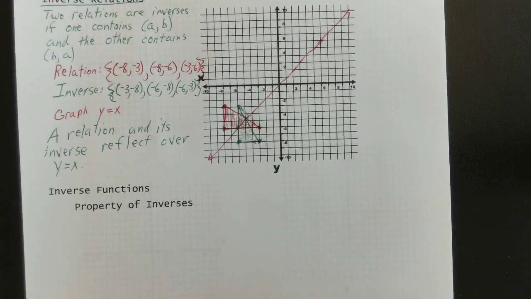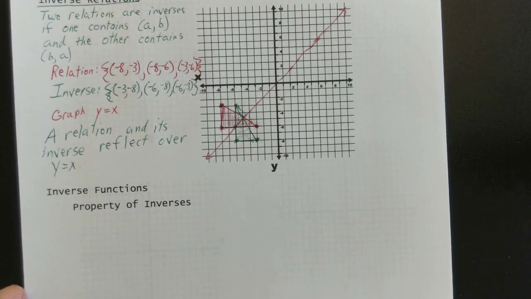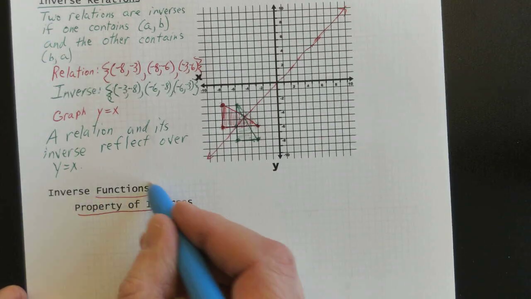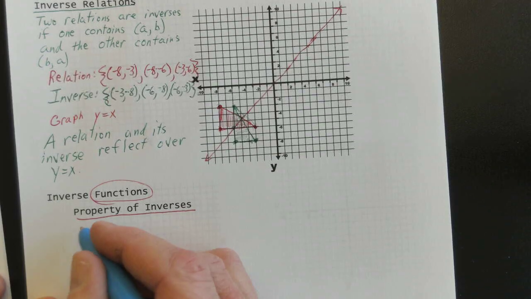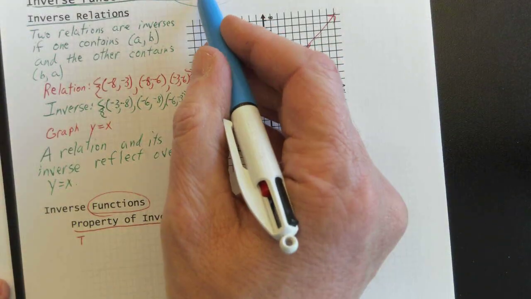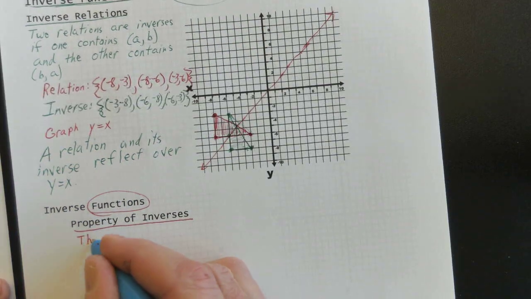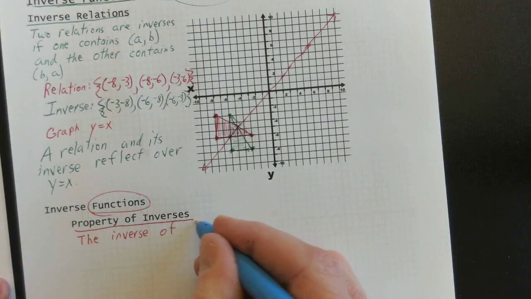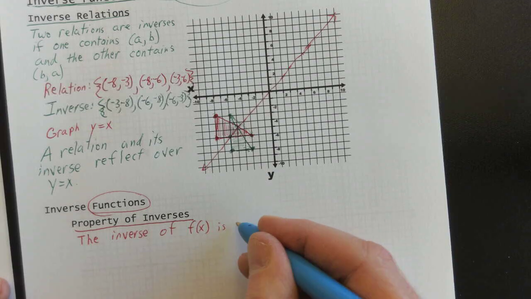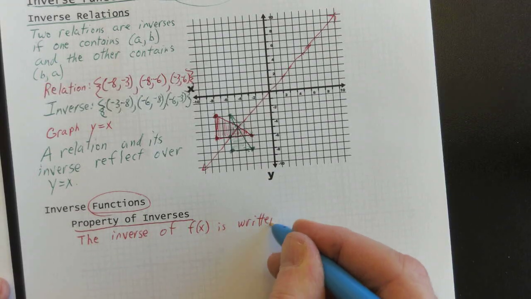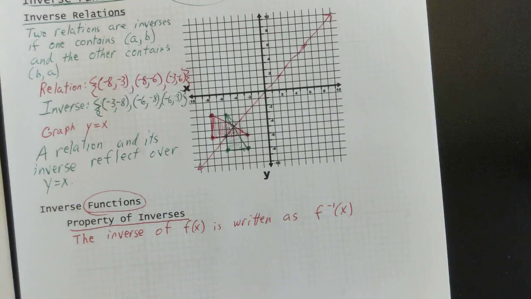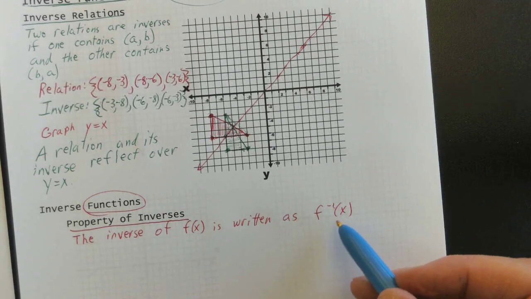Now, let's go into the properties of inverses a little bit. Okay, now we're talking about inverse functions. And functions are special kinds of relations. But the inverse, and this is a notation thing, the inverse of f of x is written this way: f with a negative 1 power, of x.